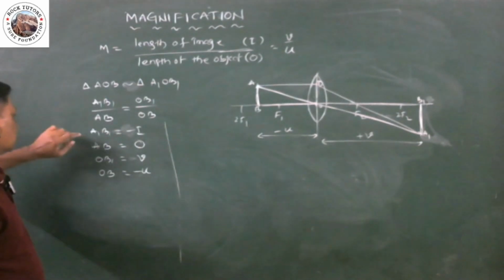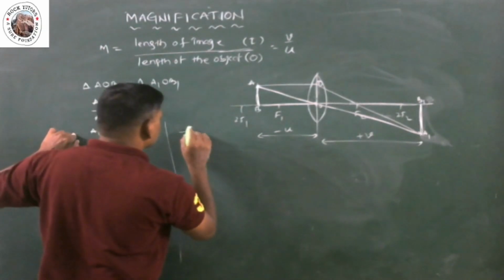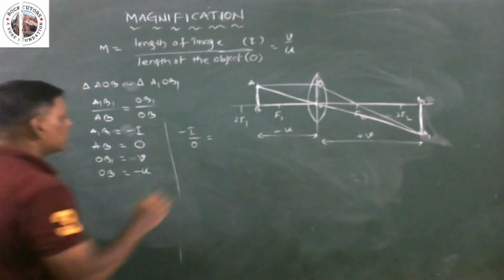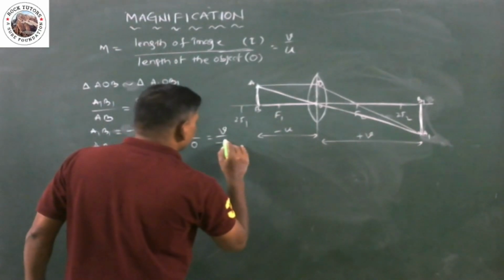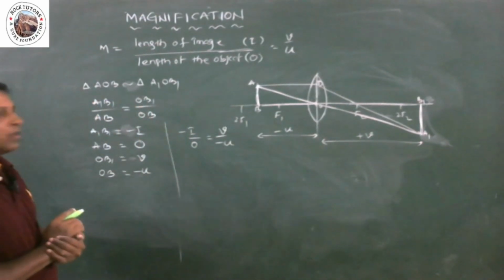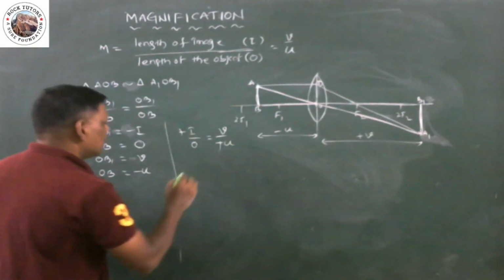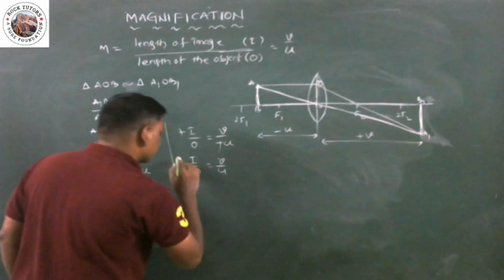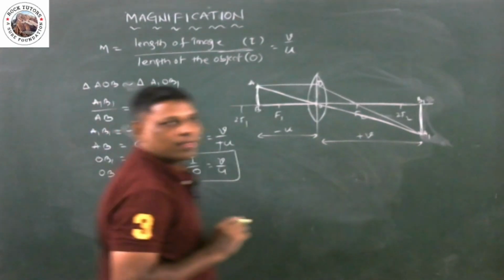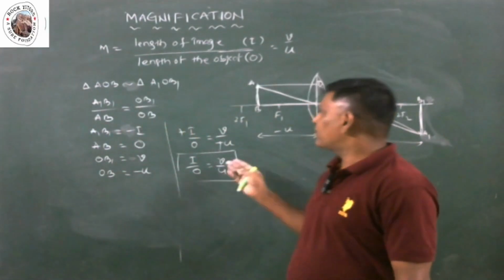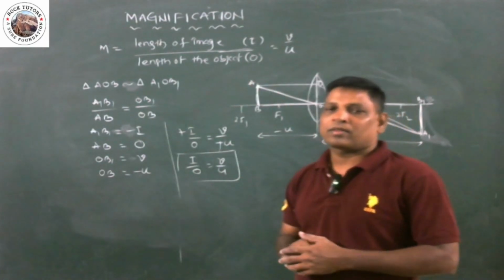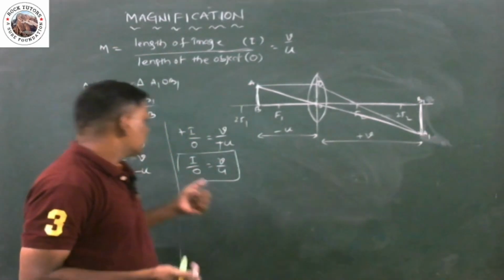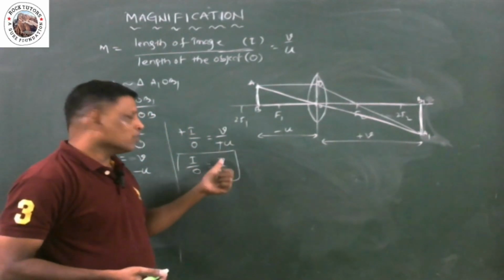We get minus I by O equal to V by minus U. So the minus cancels, and I by O is equal to V by U. This is the magnification. So magnification is I by O is equal to V by U.